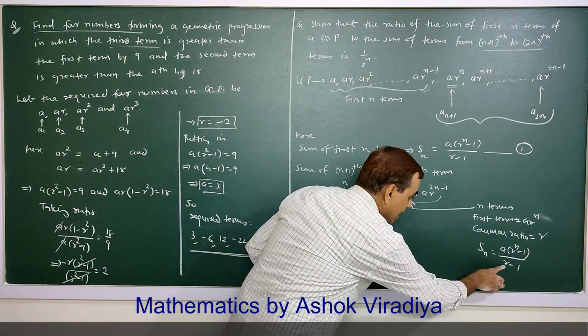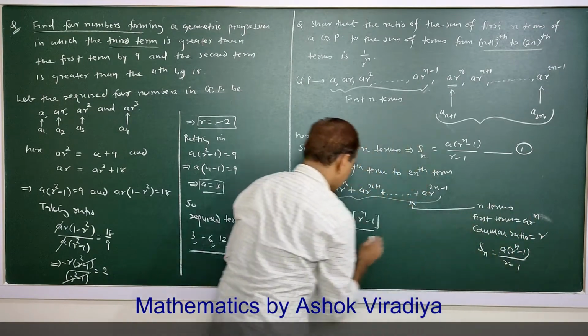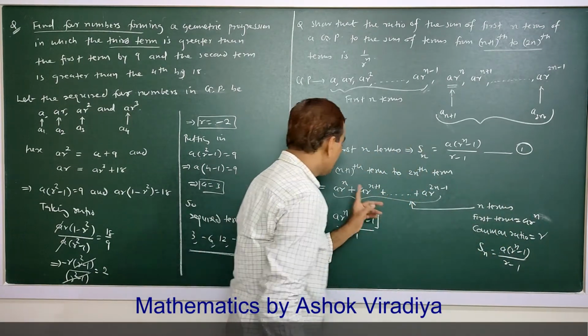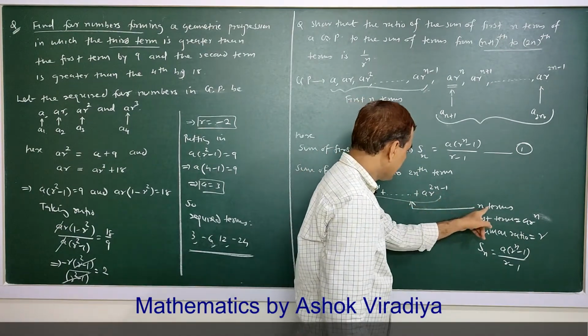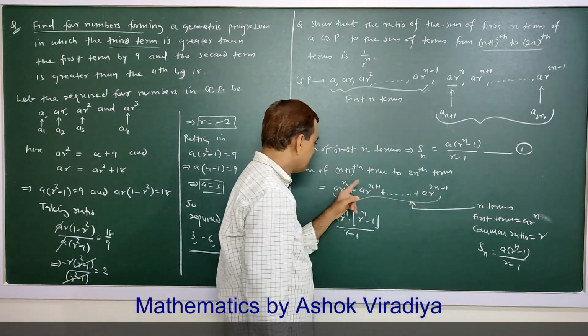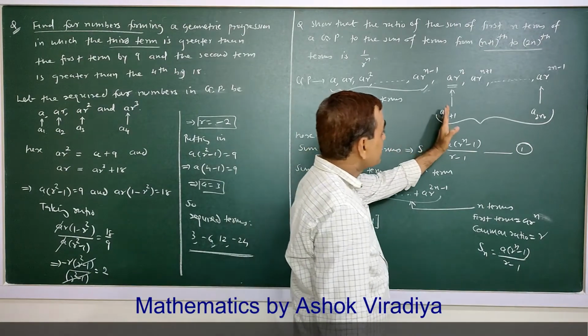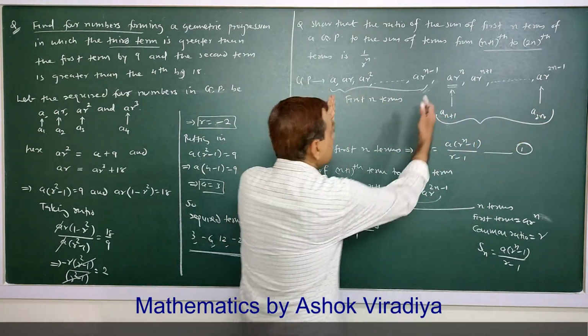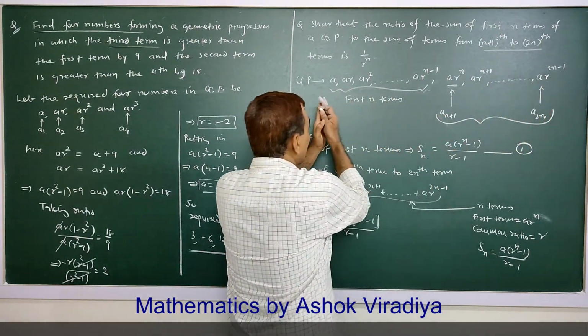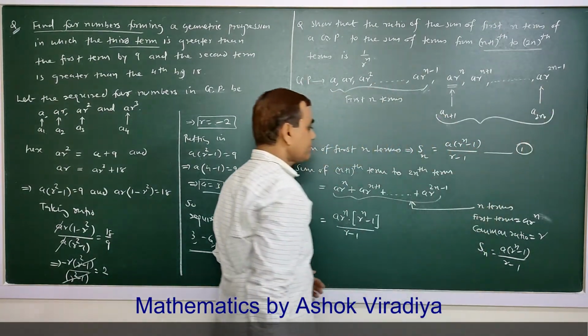Again, what is r? R is r. So ratio is same. Number of terms are n. This is first term, second term. From n plus 1 to 2nth term. So total n terms. These are n terms. So total of both is 2n terms.